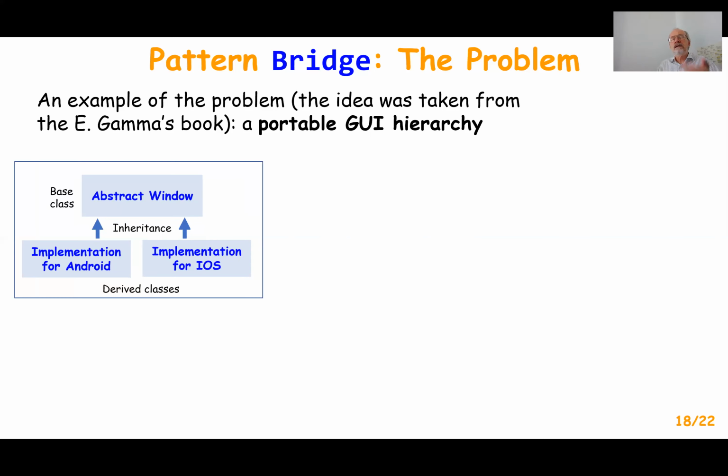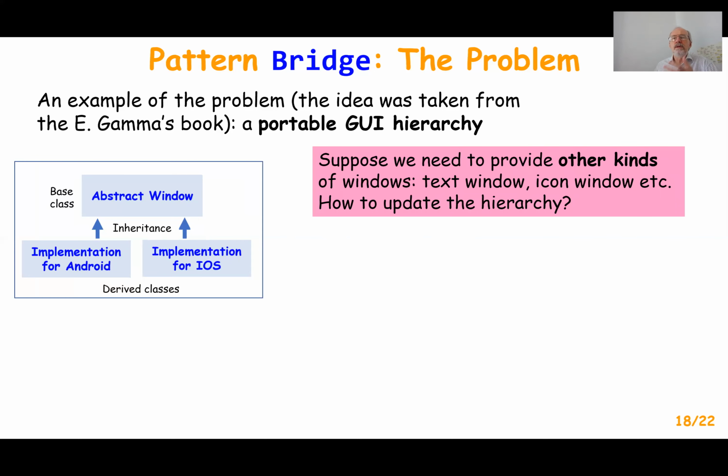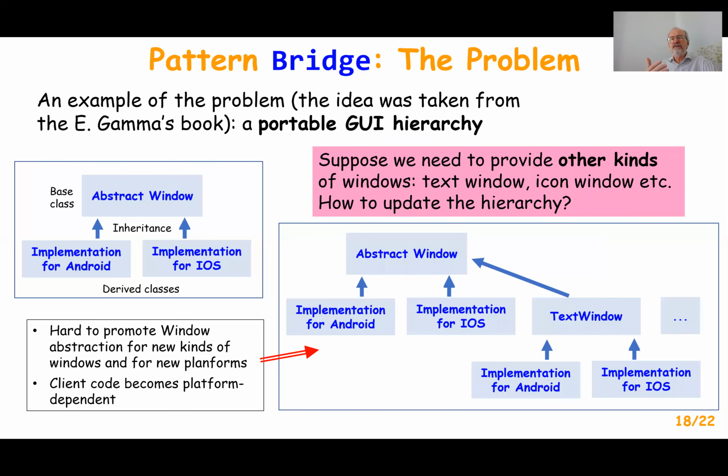That is text window, icon window, and many other kinds of windows. Look at the slide. Suppose we need to provide other kinds of windows. How to update this initial hierarchy? What can we do? The only way within the inheritance paradigm is to extend abstract window, providing a new kind of window like text window, for example.